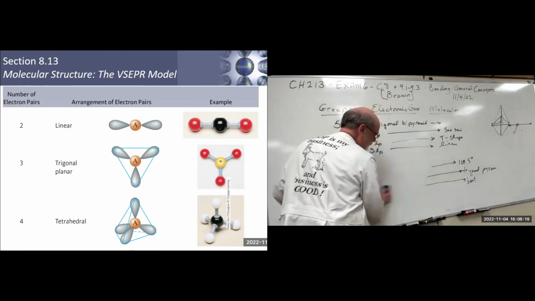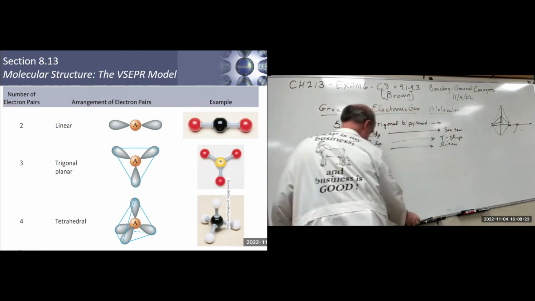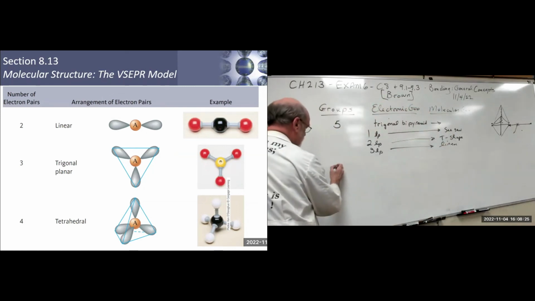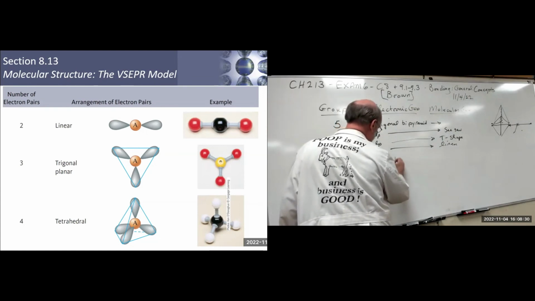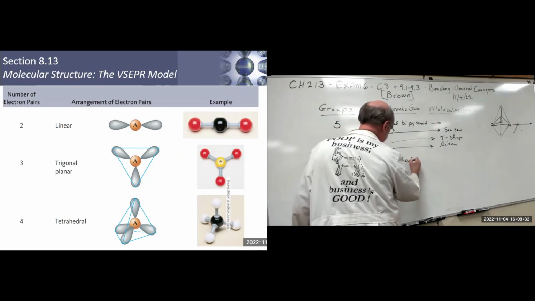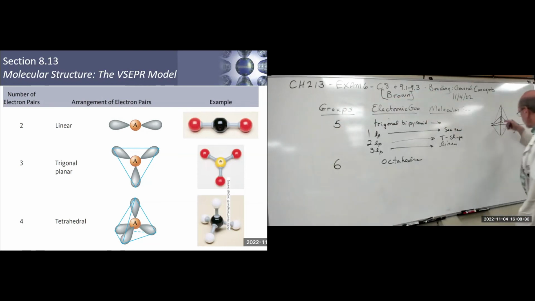Now, the last one I'm going to do is 6 groups. 6 groups is octahedron. An octahedron is like a trigonal bipyramid, only instead of a triangle here, it's got a square.